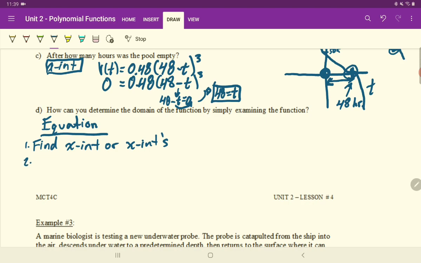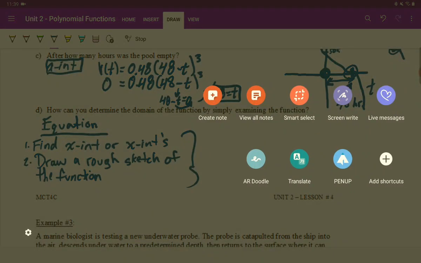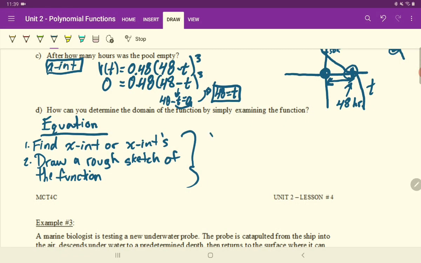And secondly, I would say draw as best as you can a rough sketch of the function. Now, obviously, in order to do all this, the function has to be given to us in factored form. So function must be in factored form.